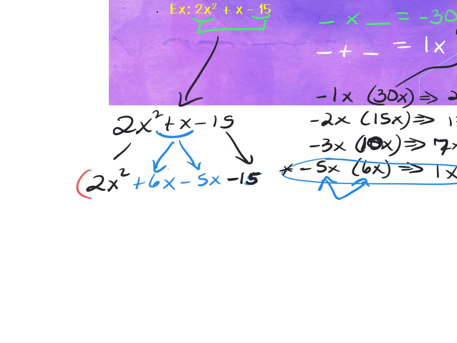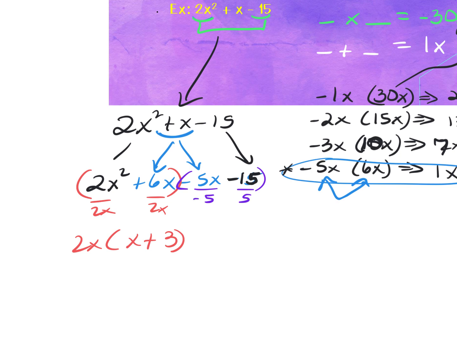So I got a group here, and then I'm going to make my other group in purple. So I'm looking for the greatest common factor of my red group, which is going to be 2x. Going to divide. Now remember, after you do this division, what ends up in the parentheses must match. So if I just try to pull a 5 out of this, I'm not going to get a match.